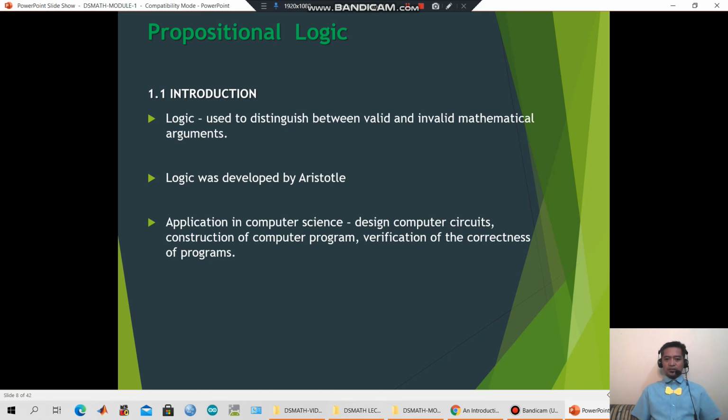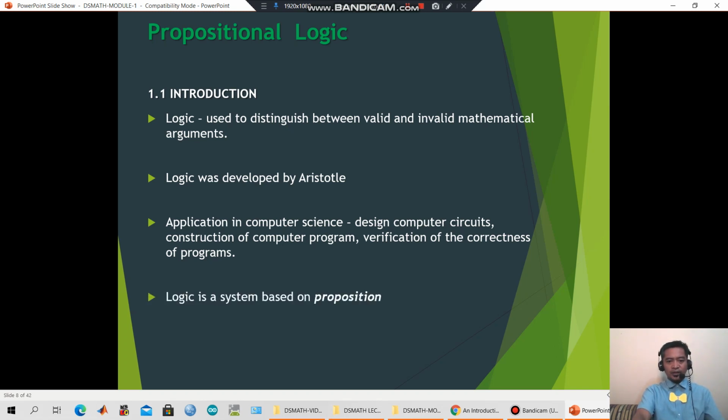Nang dahil dun sa logic, yung building size ng circuits kumonti na, simplified hanggang lumiit yung size ng circuit diagram or digital circuits. It's because of discrete math or logic. So, that's logic. We have defined logic, distinguishing between true or false.